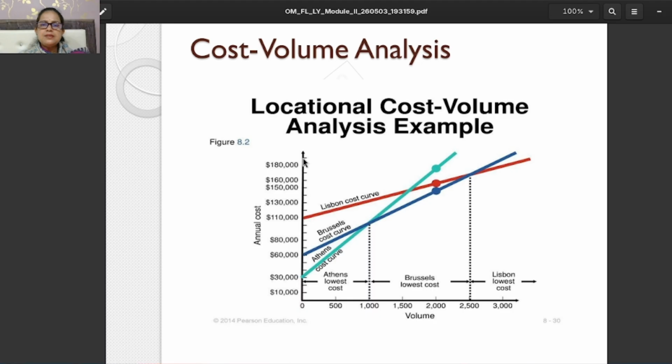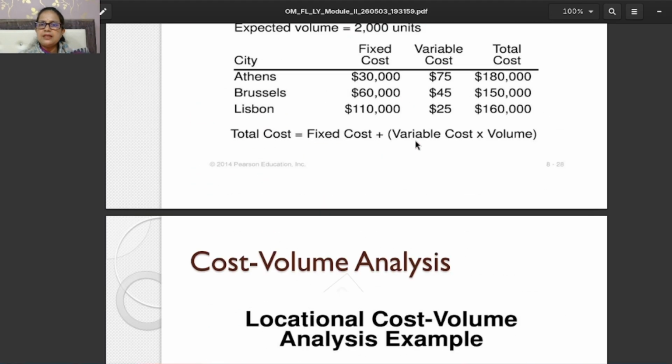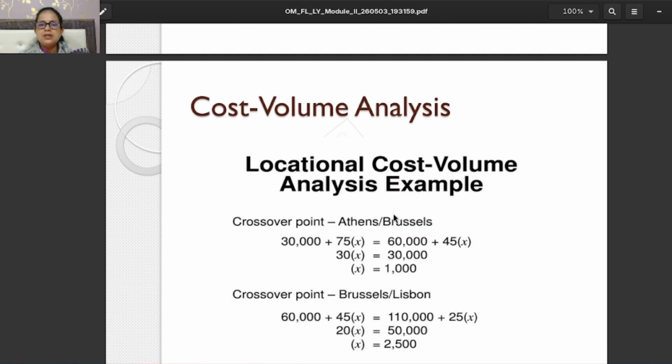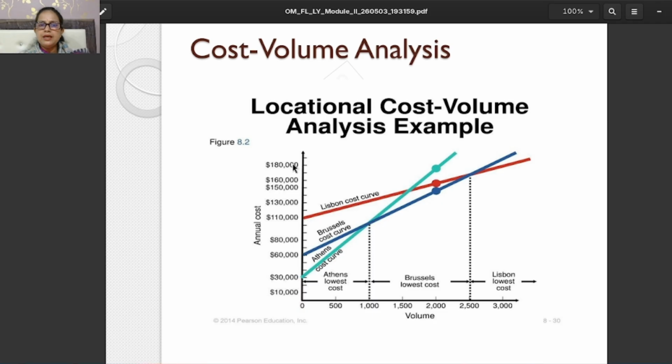We know what the maximum total cost is here. We have calculated the maximum total cost is 1,80,000. So it's better to take up to 1,80,000 or up to 2 lakh. But for volume, we need to take some more units, up to 3,000.